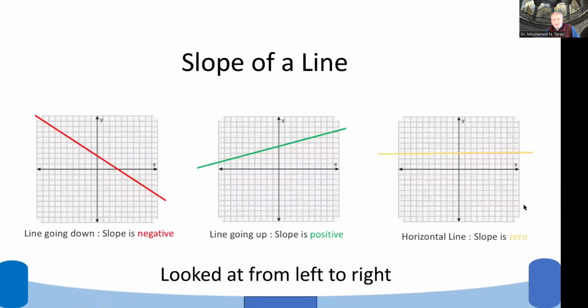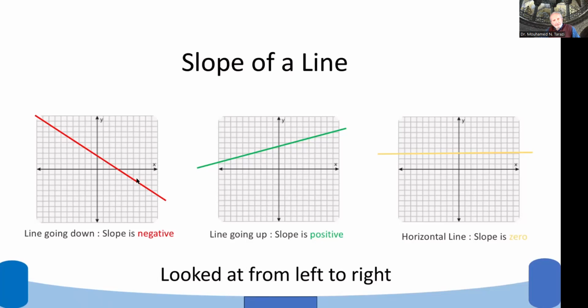Now, I am going to remind you a few things about slope, because this is really important, and you see a lot of applications in the Ohio State tests using slope of a line. I think people are confused about the slope. Before you calculate the slope, you need to know whether it's positive or negative before any calculation.